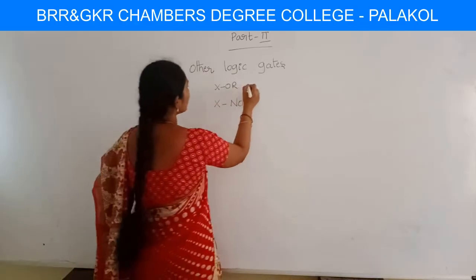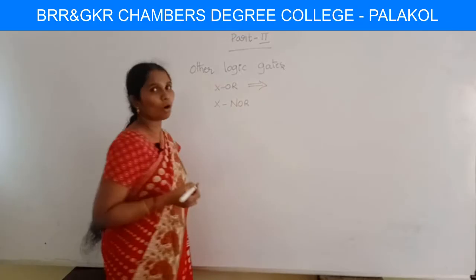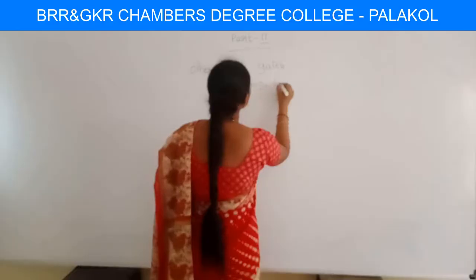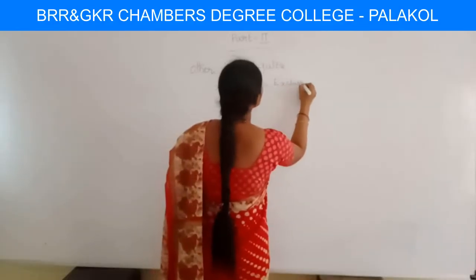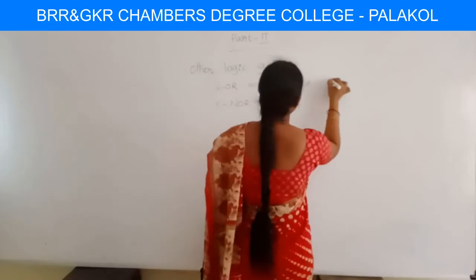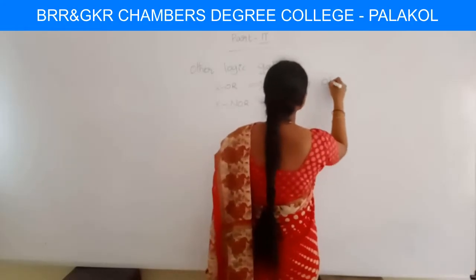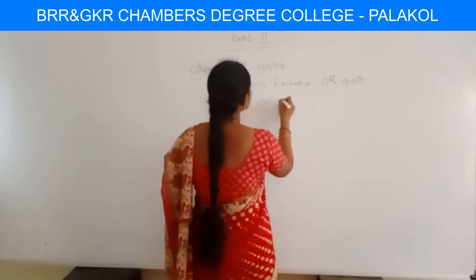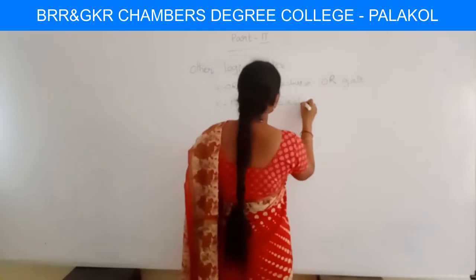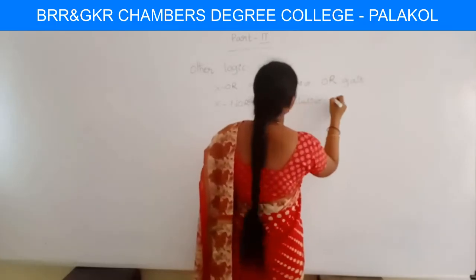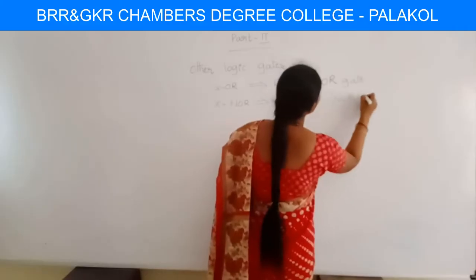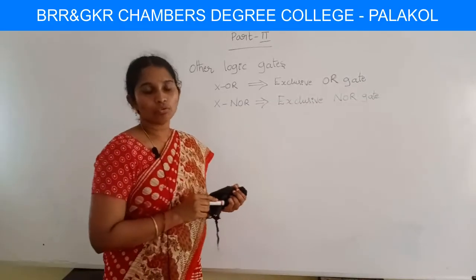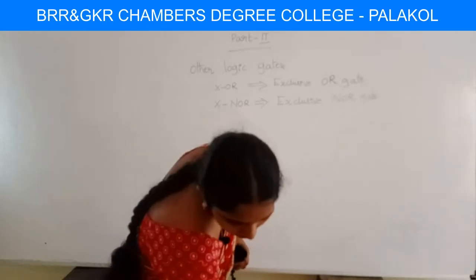That means these are the exclusive OR gate and exclusive NOR gate. Now we will see the truth table for the XOR gate.